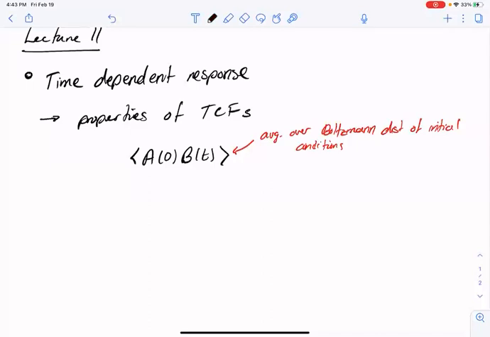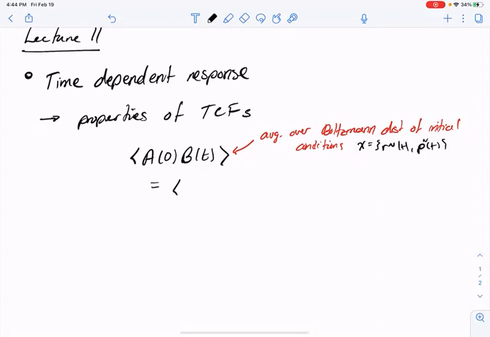Now, the equilibrium distribution, being a stationary state of those dynamics, means that for the phase space, all R positions and P momentum, the fact that that distribution on the phase space is invariant means that that time correlation function is independent of its origin.